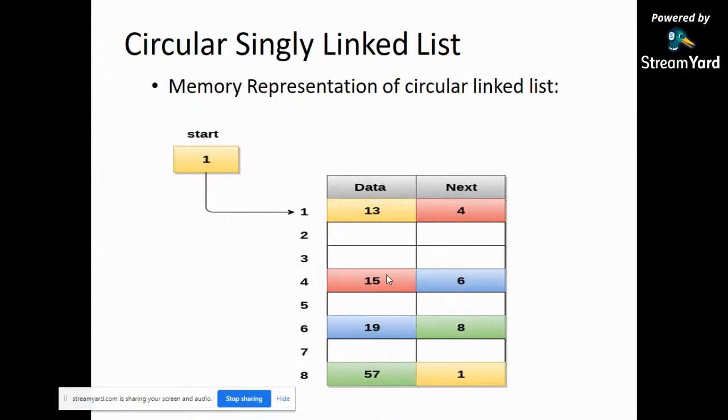So here you can see at the 8th location, this is the last node, and again it is pointing to the first location. So the address stored in the last node is 1, which is the address of the first node. So this is the circular linked list.